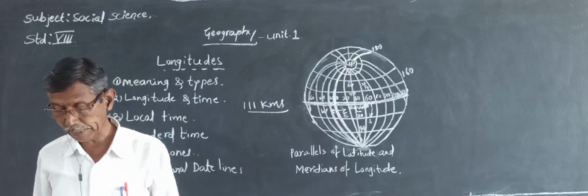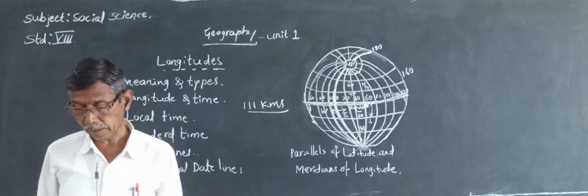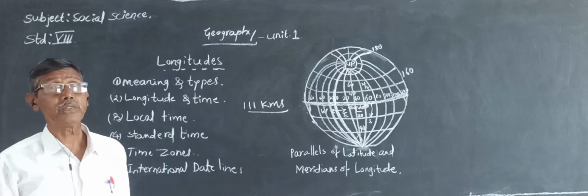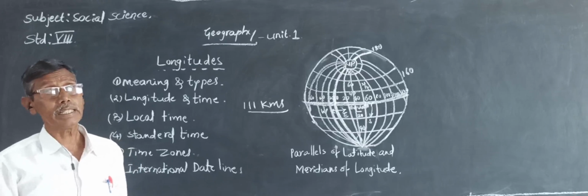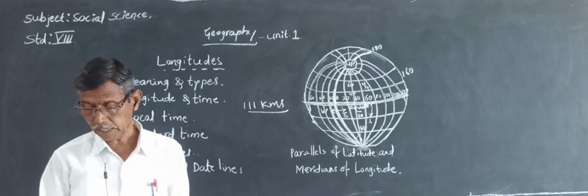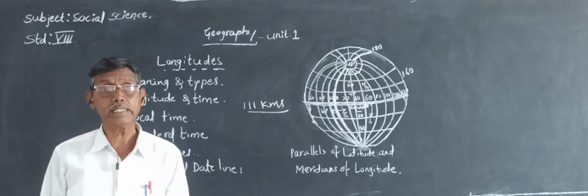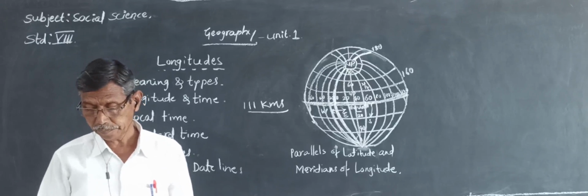Such uniform time is based on the central meridian of that country, or the meridian on which the most important city is situated.